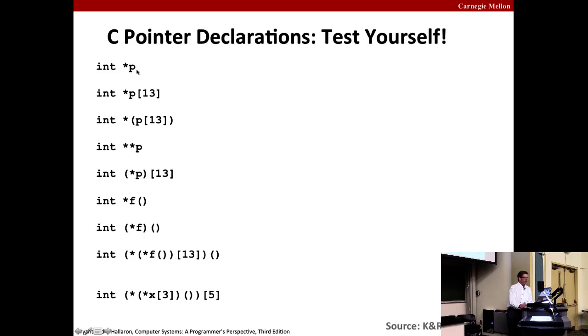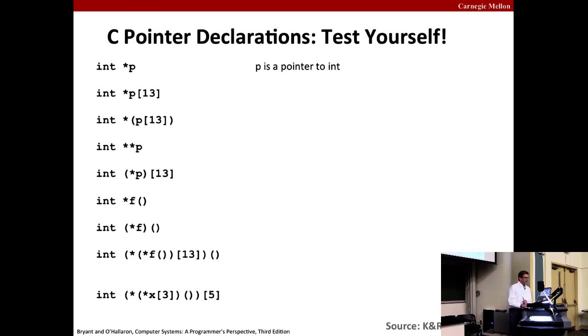So we say p is a pointer, then there's nothing more, and then we always end up with the type of thing that it points at. So p is a pointer to an int. Right, so p is a pointer to some integer in memory. We all know that one. That's pretty easy.